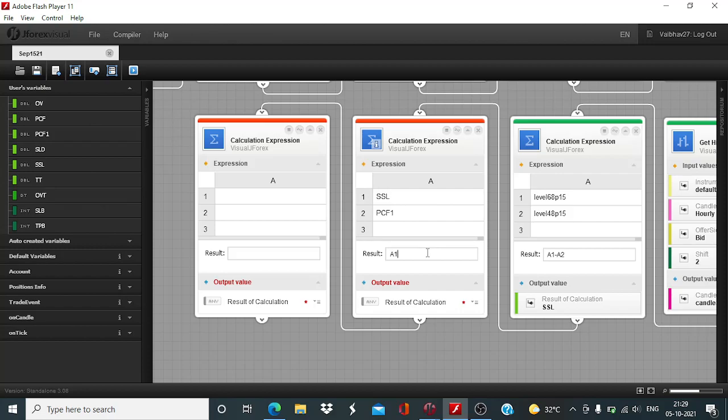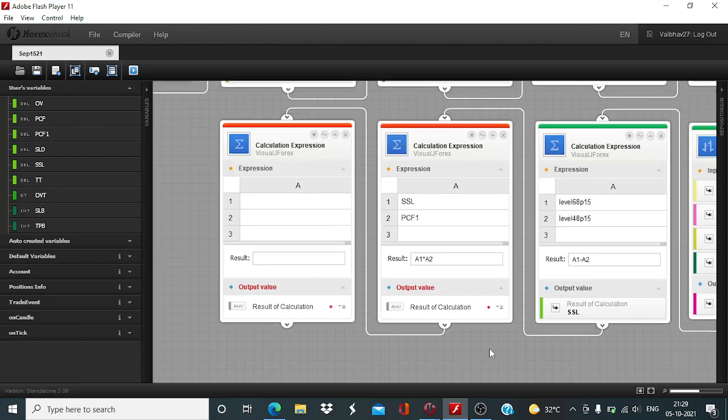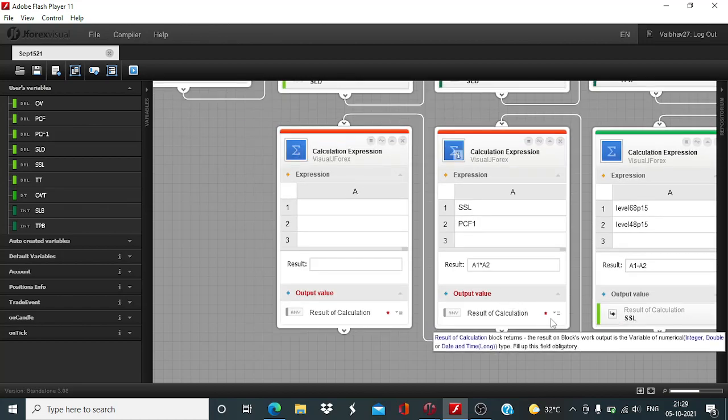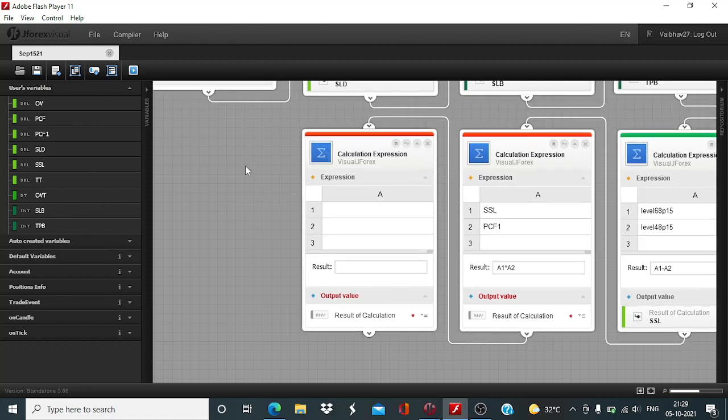A1 into A2. Now I will not define the output value just yet. We will wait for the addition of the trade command block, since we need this output value to be in integer data type. If now I define it, it is going to be in double data type. So we wait it out.